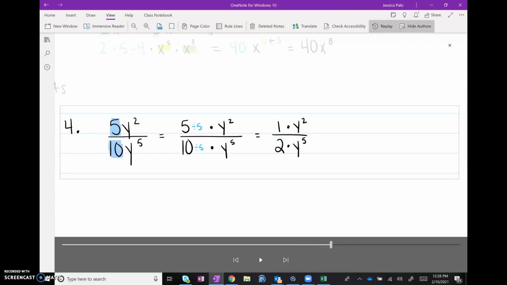Now we can use the quotient of powers property. 1 times y to the 2nd minus 5th over 2 equals 1y to the negative 3rd over 2.